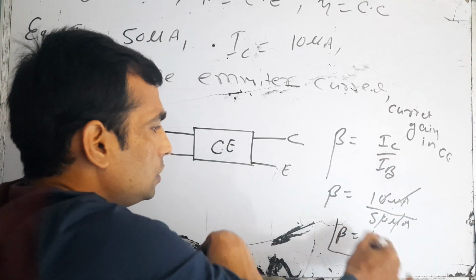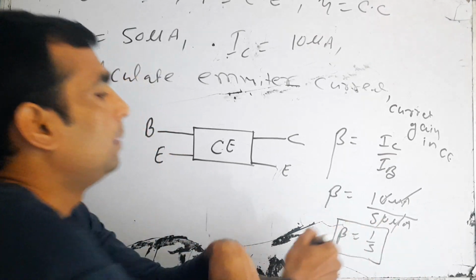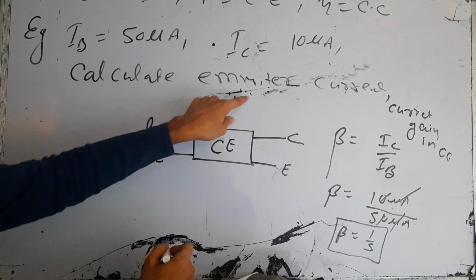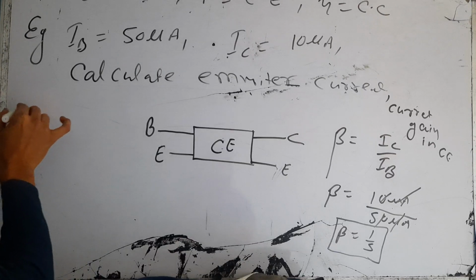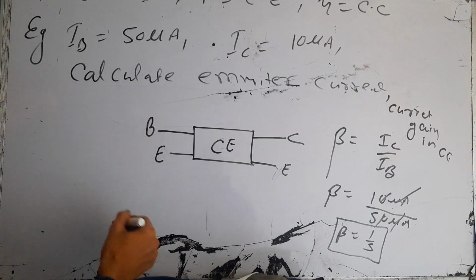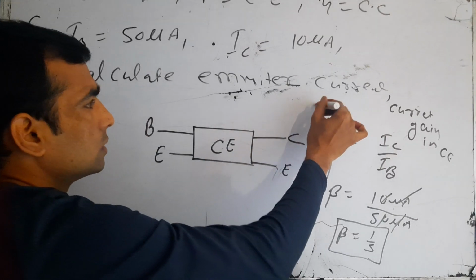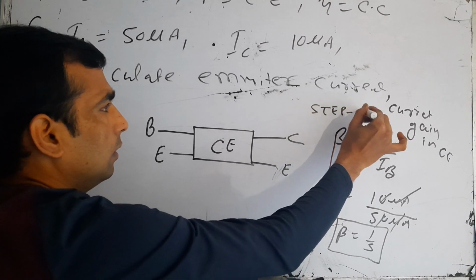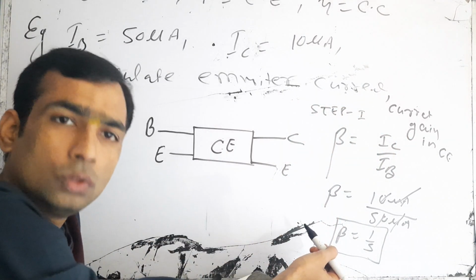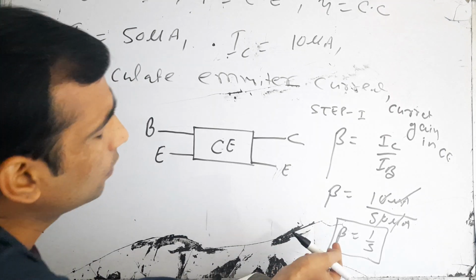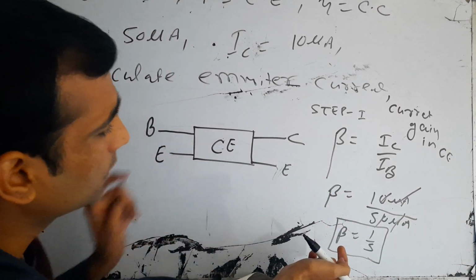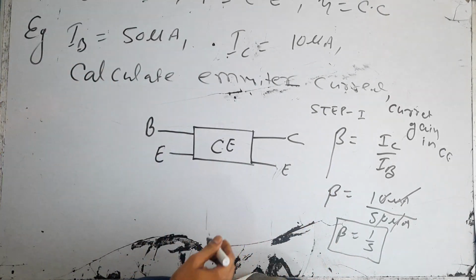So this is your formula. How can we find the emitter current? It's a relation you can use. This is step number 1, beta is IC upon IB, beta equals 1 upon 5. It's mandatory to do the numerical step by step.